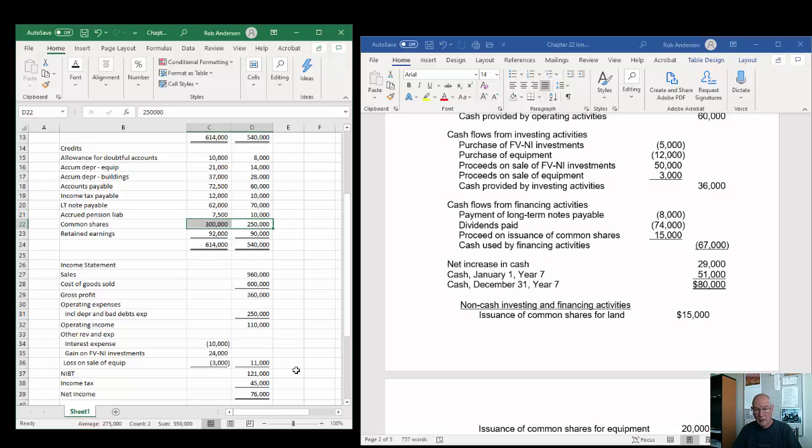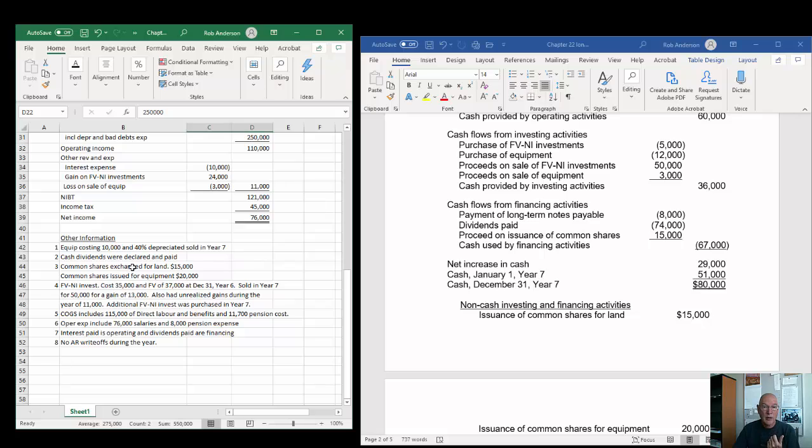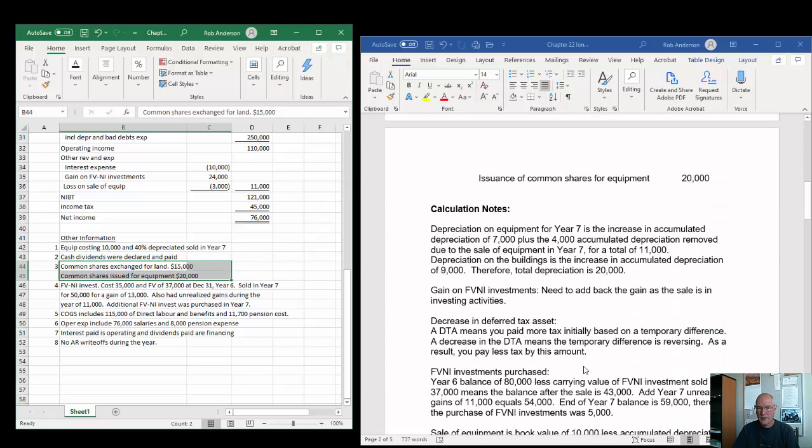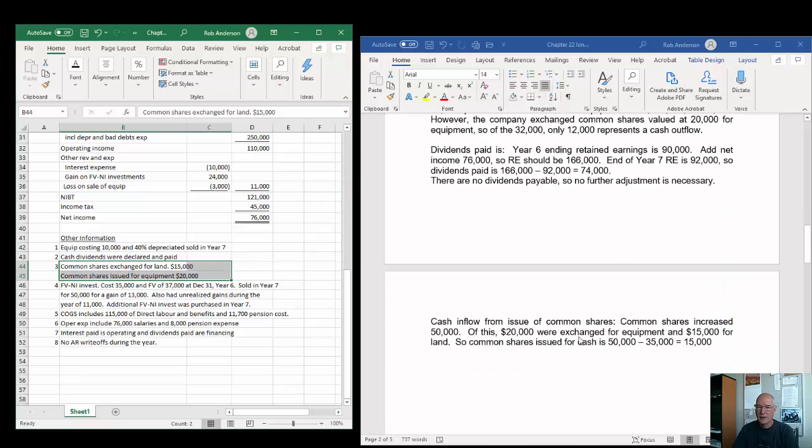So we increased 50,000, and from this other information, $35,000 worth of common shares were exchanged for land and equipment. So let's look at just my note here on the shares. This is a fairly simple calculation. We went up 50. Of this, 20 was in exchange for equipment, 15 was in exchange for land. I take that away. I actually issued shares for cash, $15,000.